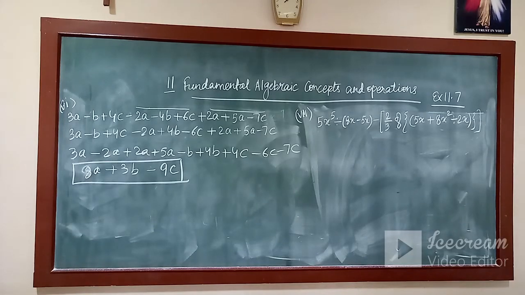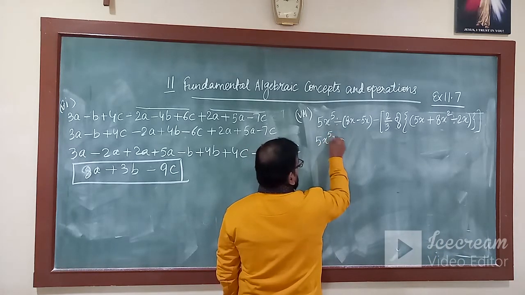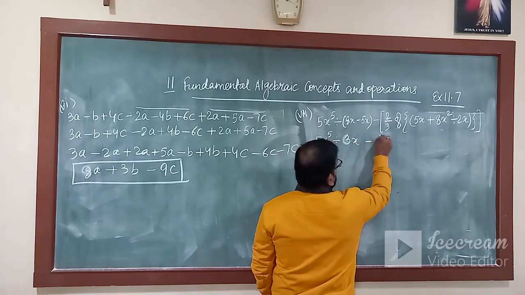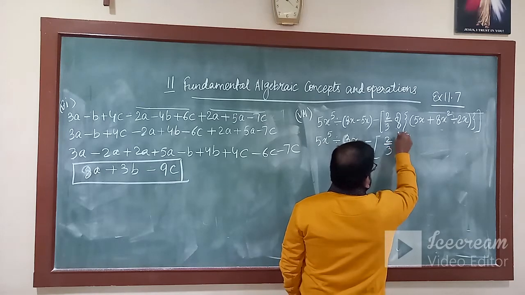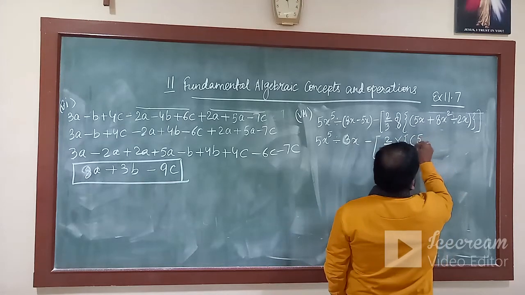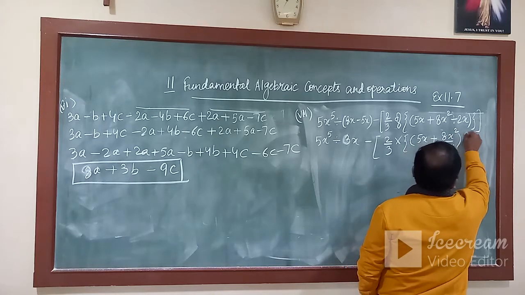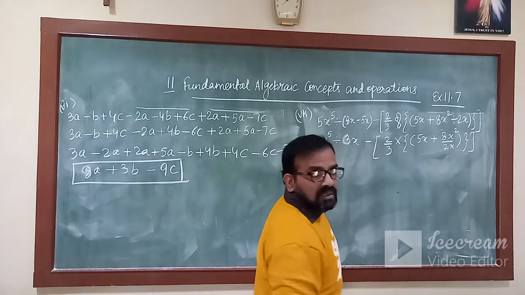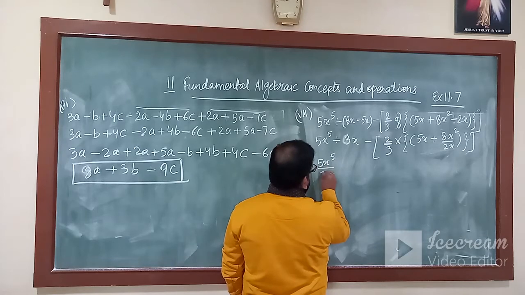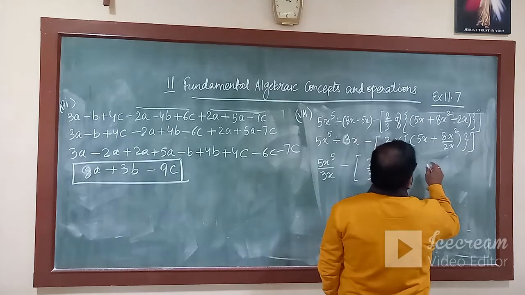So what we will do, first we will solve this bracket, because this bracket is written separately, so it becomes 8x minus 5x is 3x minus 2 by 3, in place of of we will write multiply, so it becomes, see, 5x plus 8x square by 2x. So this we can divide: 5x to the power 5 upon 3x minus 2 by 3 into, what are we left with now?